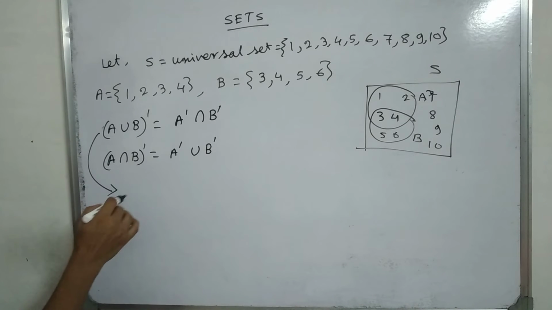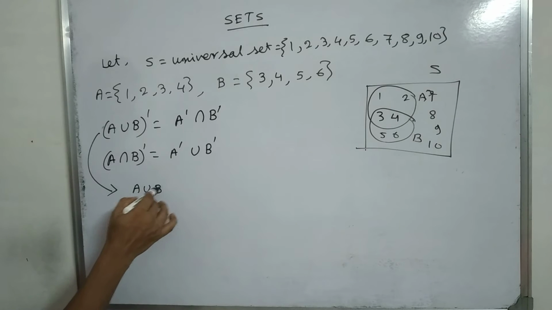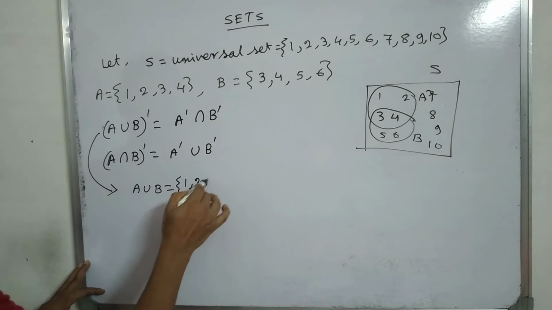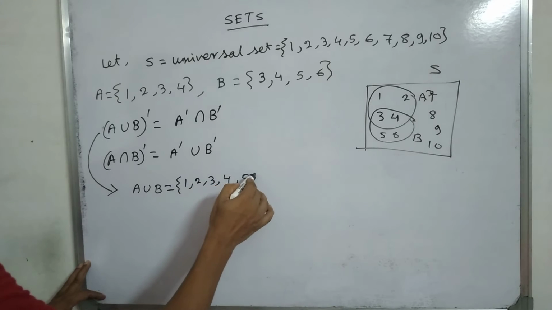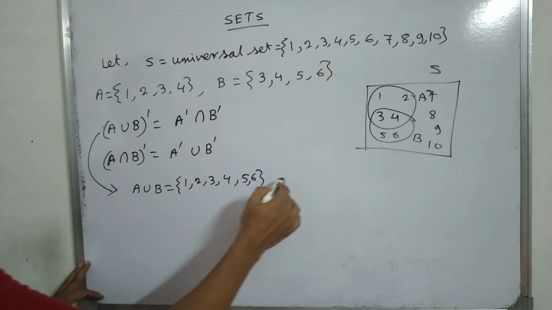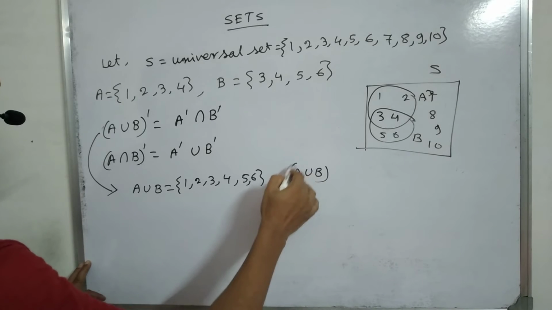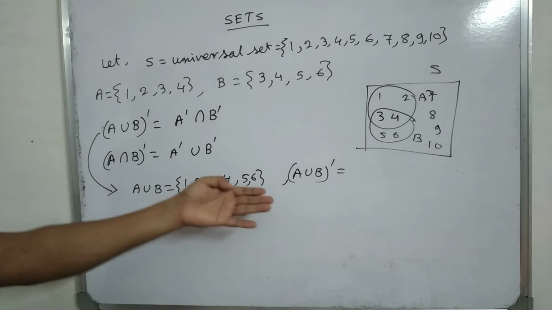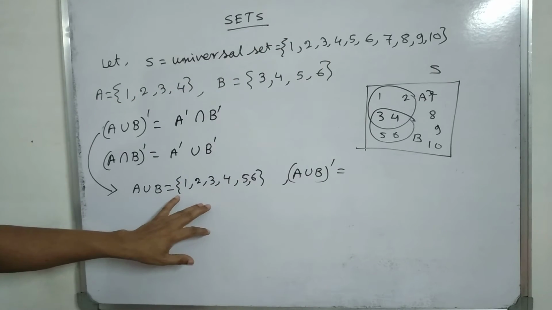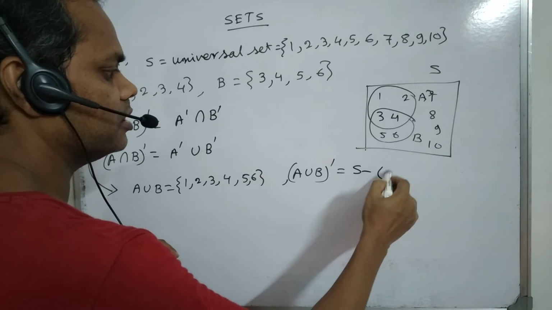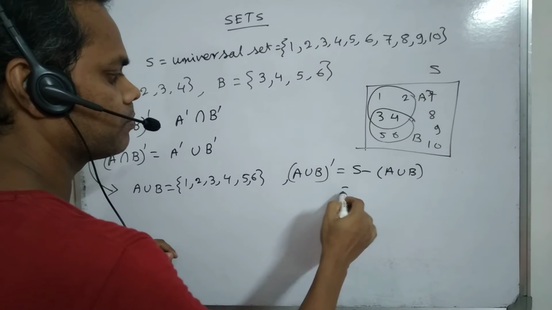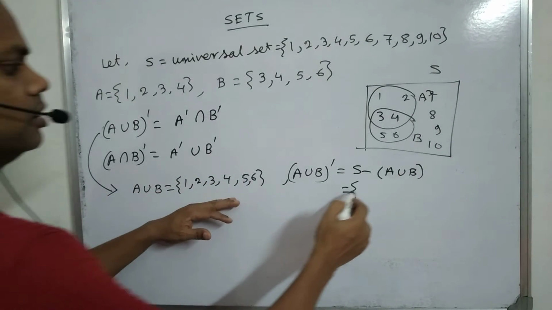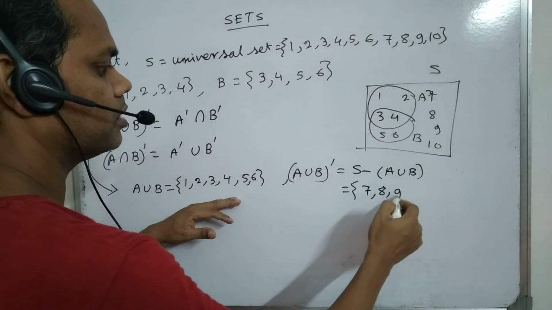For the first one, A union B is equal to 1, 2, 3, 4, 5, 6, and the complement of A union B is just outside of A union B. Outside of A union B means S minus A union B, which is 7, 8, 9, 10.